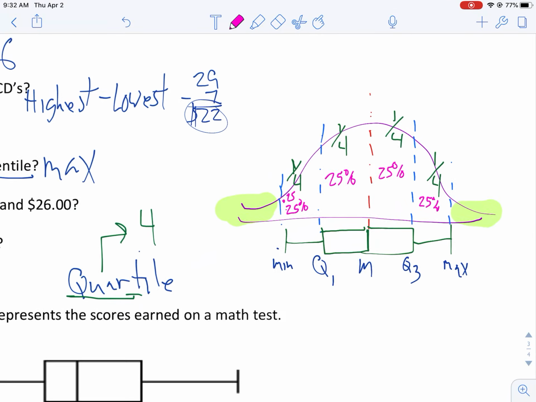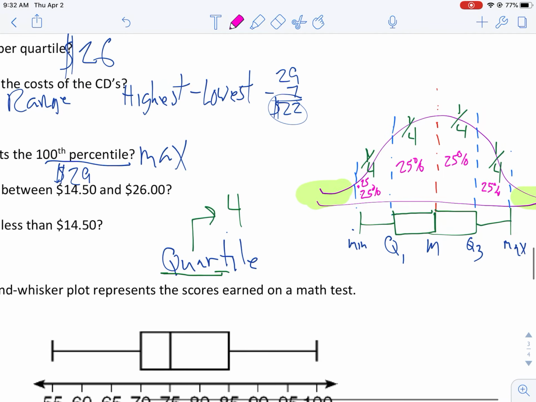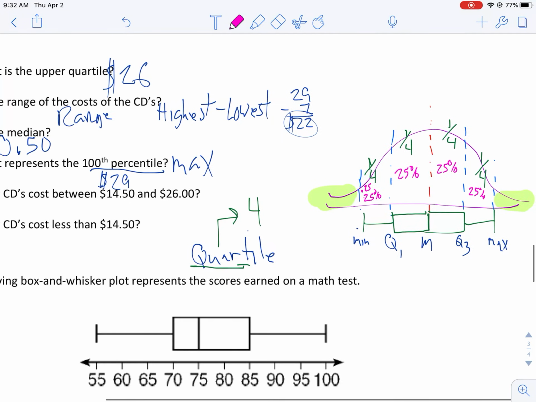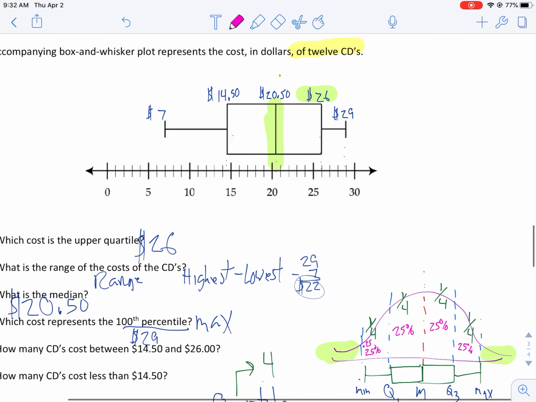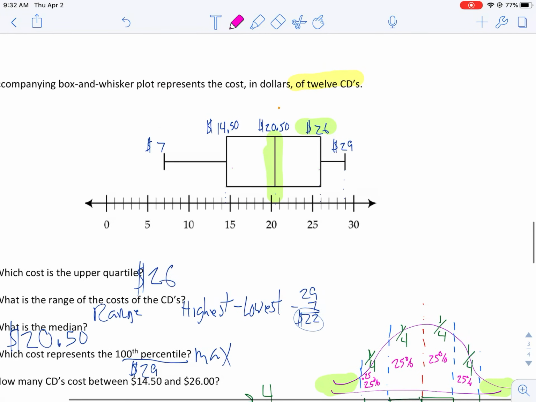So when they're asking you how many CDs cost between 14.5 and 26, this is where I'm going to bring this 12 back into play. There are 12 CDs. So 14.5 is my Q1 and 26 is my Q3.